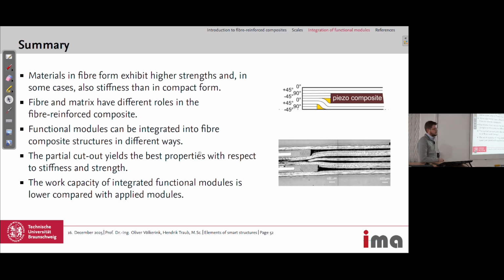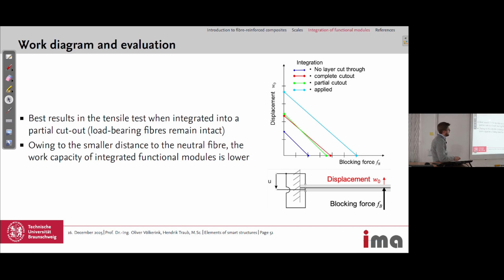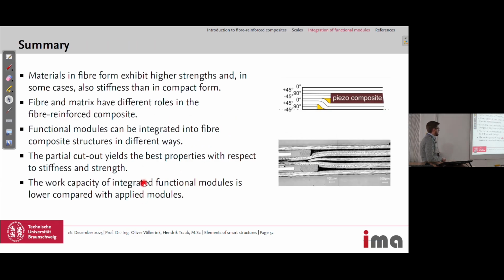This is again an aspect of structural conformity, in the sense that it's a trade-off between work capacity and structural integration and not disturbing the structure too much. And the work capacity of integrated modules is lower compared to the one with applied modules because of the smaller distance to the midplane.